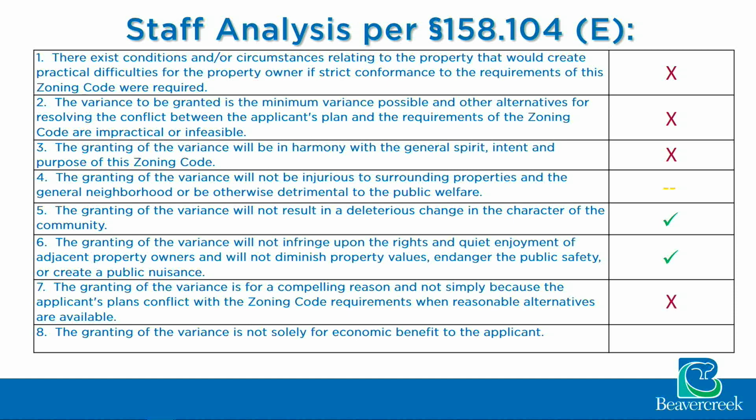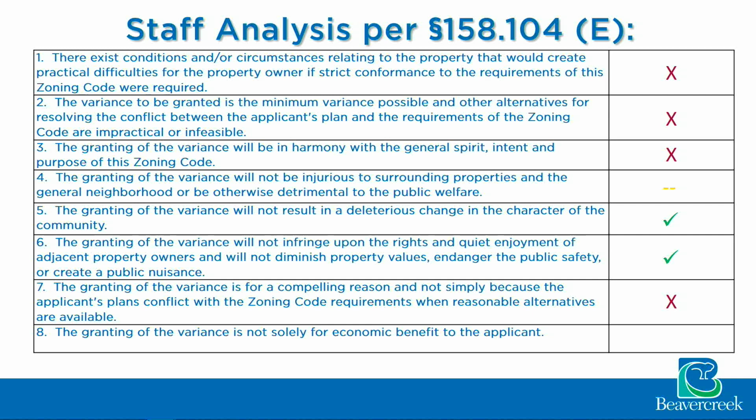Is the granting of the variance for a compelling reason? Staff does not feel that it is a compelling reason. The applicant does have the ability to locate the shed in a compliant location. It's just that the applicant's plans for the location of the shed conflict with the zoning code.